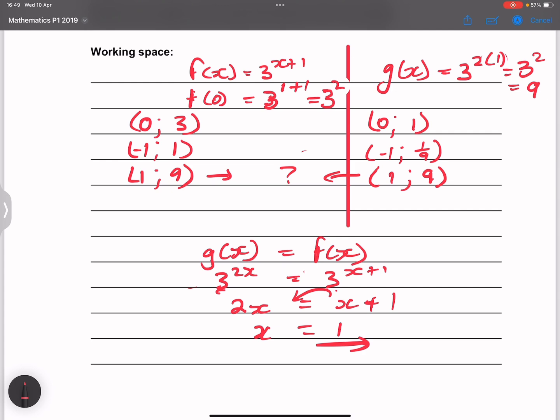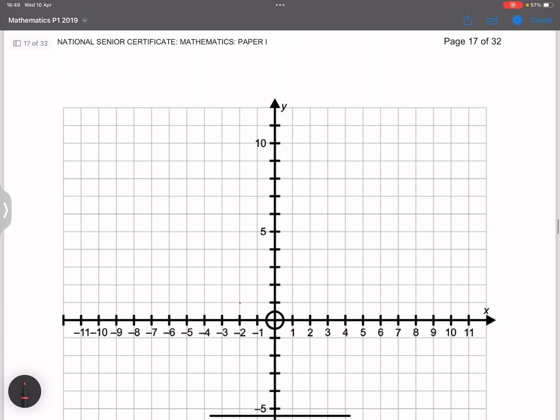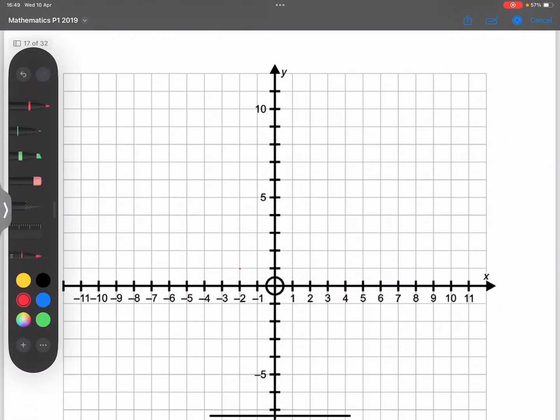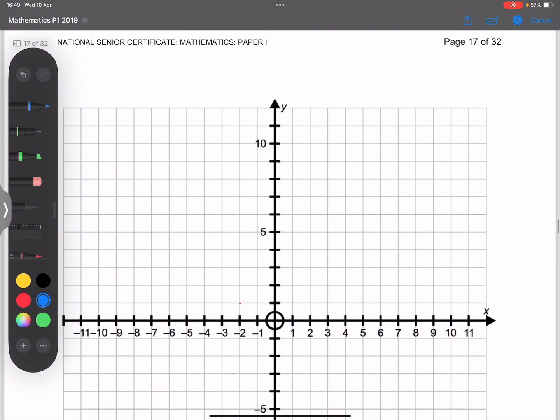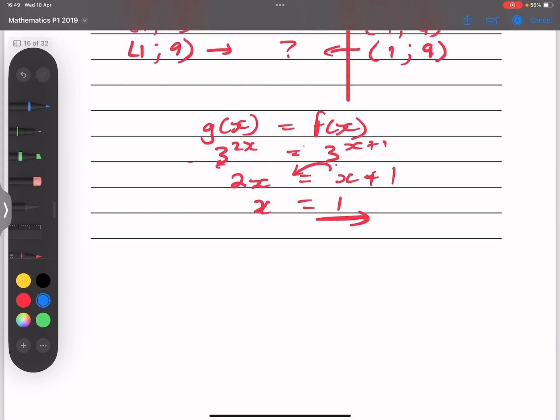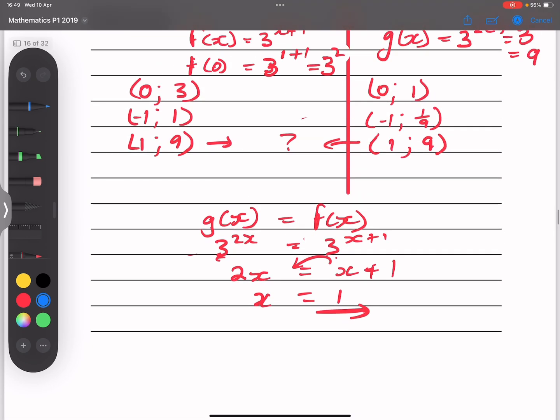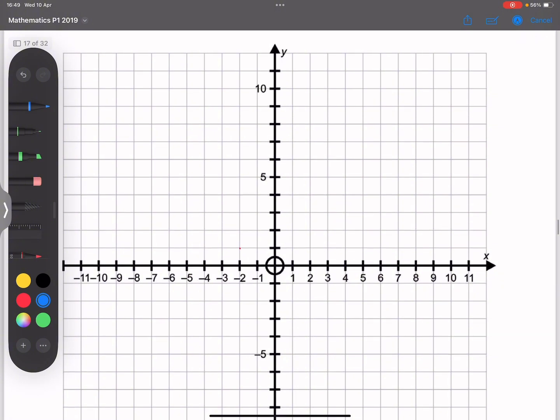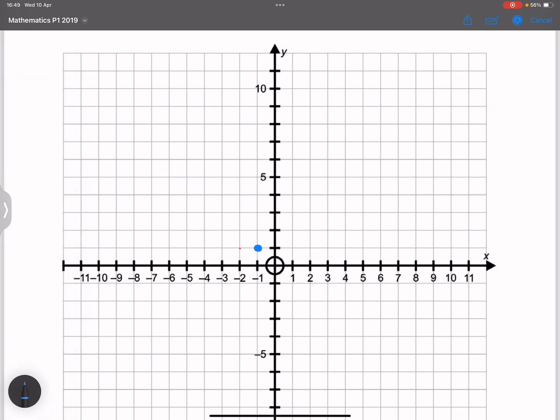Now, let's try and plot the points for f of x. I'm going to draw f of x with blue. When x is minus 1, I am going to get 1. And when x is 0, look at the grid that's given to me there, 1, 2, 3. When x is 0, we said y is 3.